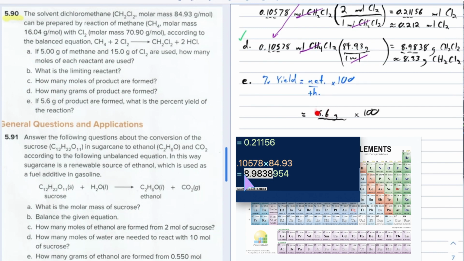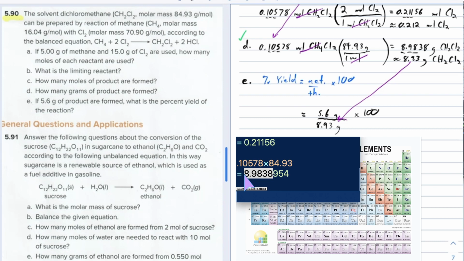Since this is only 2 sig figs, we could use the rounded one, but we can use the unrounded one as well. Oh wait, the grams of product are over here. Okay, so that's how many grams of product. We could use the unrounded one, but this is a 3 sig fig rounded one, so that's good enough. So we'll copy that one. 8.93 grams.